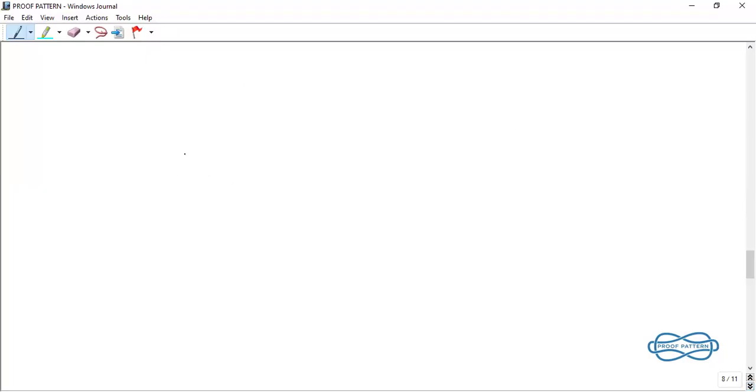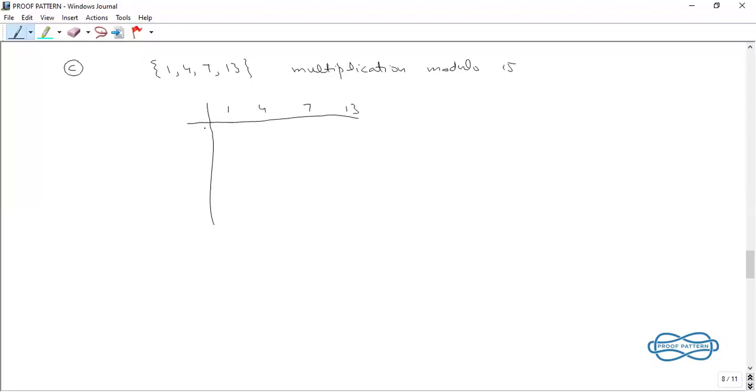Okay, we move toward part C of exercise 4. We have to check the set 1, 4, 7 and 13 under multiplication modulo 15. It is easy to make the Cayley table for this set. Here the binary operation is multiplication modulo 15.